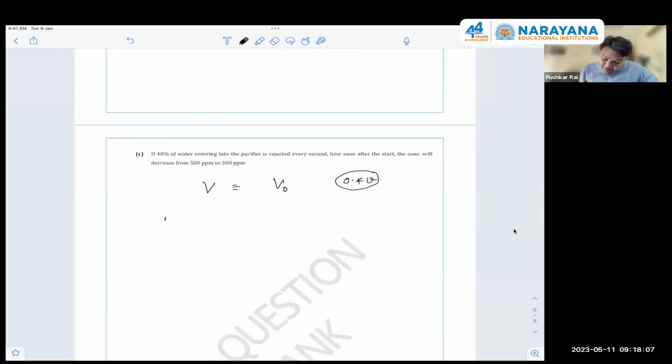So at any time t, what will be your volume? You started with V naught, so Vt equals V naught minus 0.4 into v into t. This much volume will be rejected. So we have to use this somehow to get the solution.